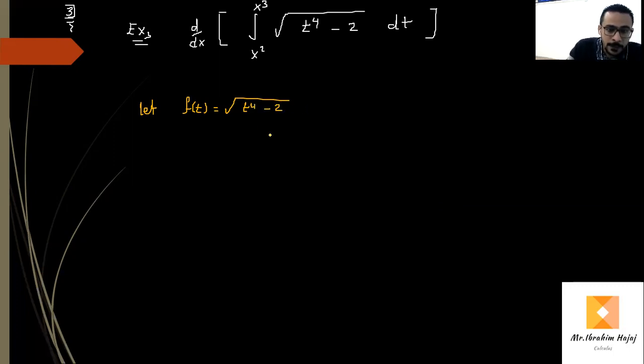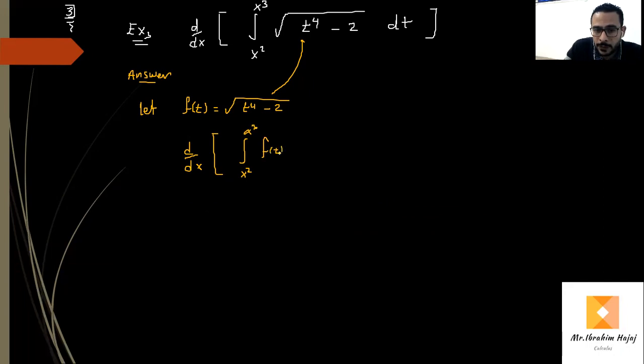Then replace it here, and replace this all by f of t. So we have d over dx of the antiderivative from x squared to x cubed of f of t, to go to the first part of the fundamental theorem of calculus.